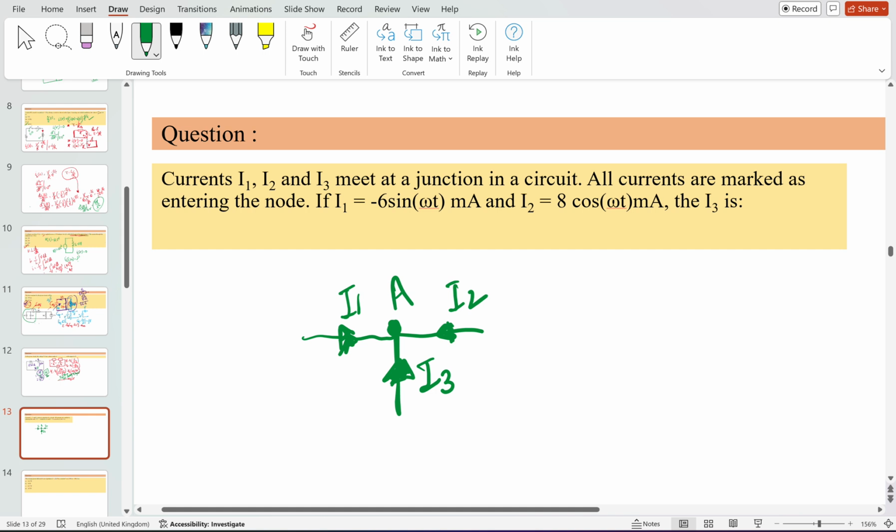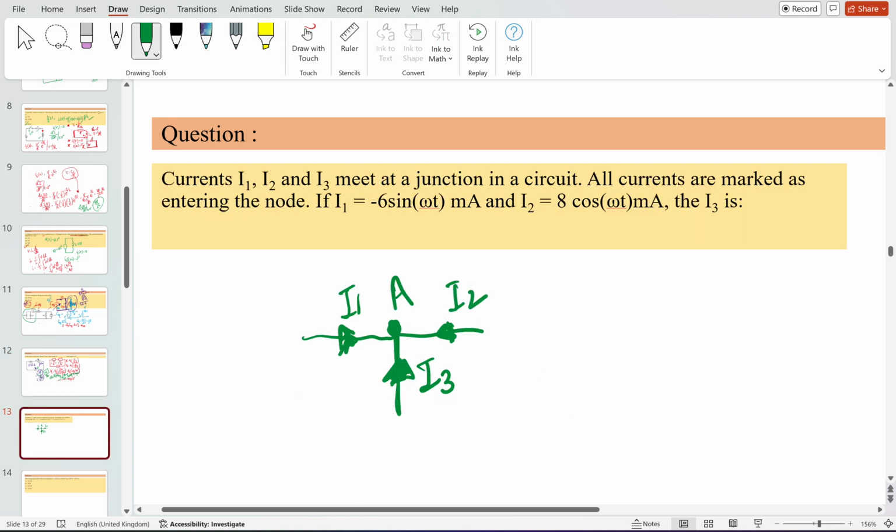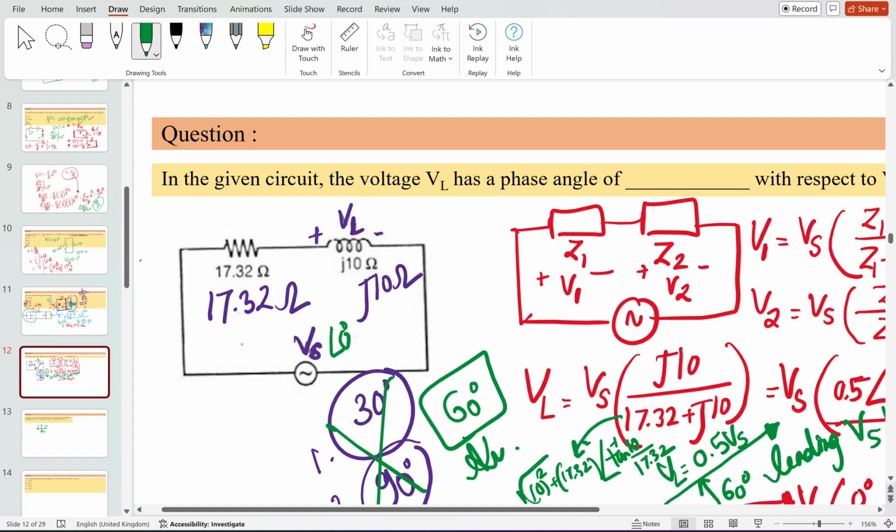So we can use that formula also to convert, root of a square plus b square. You can convert here root of 10 square plus 17.32 square. Angle will be simply tan inverse 10 divided by 17.32. We should convert 0 plus 10j into polar form, and the denominator into polar form, it's not required basically.